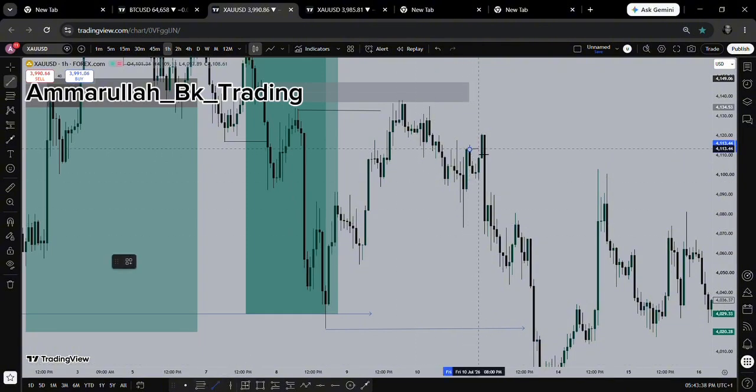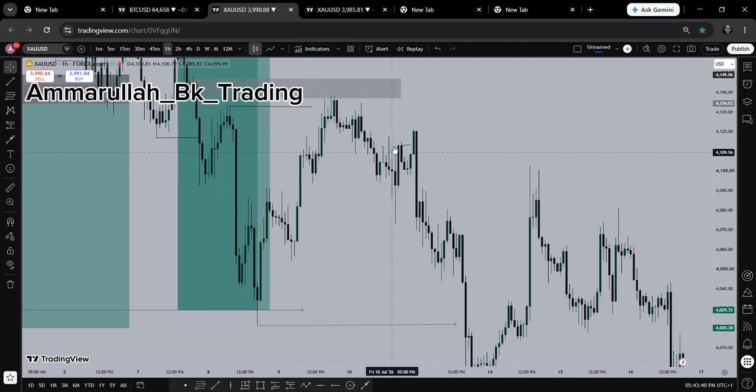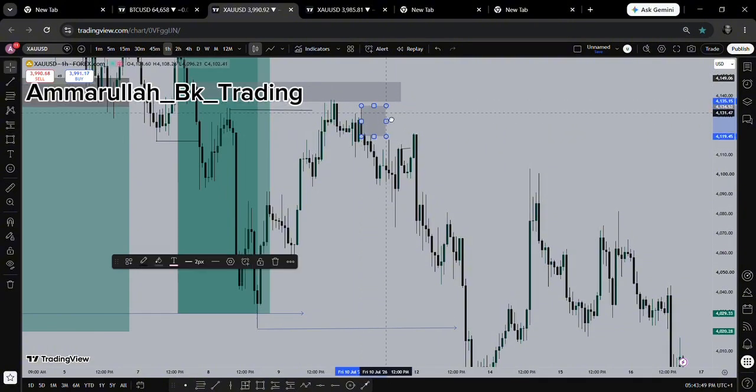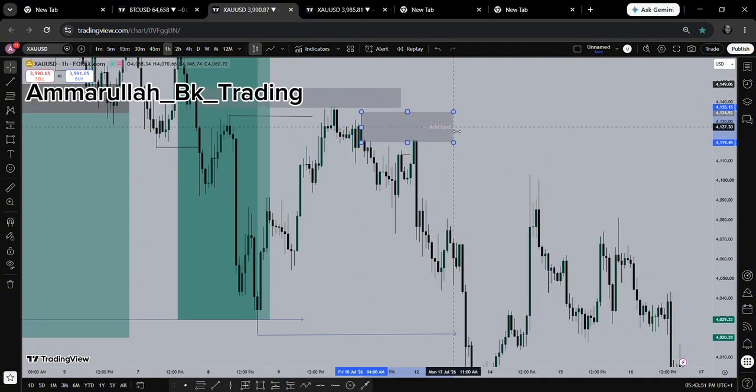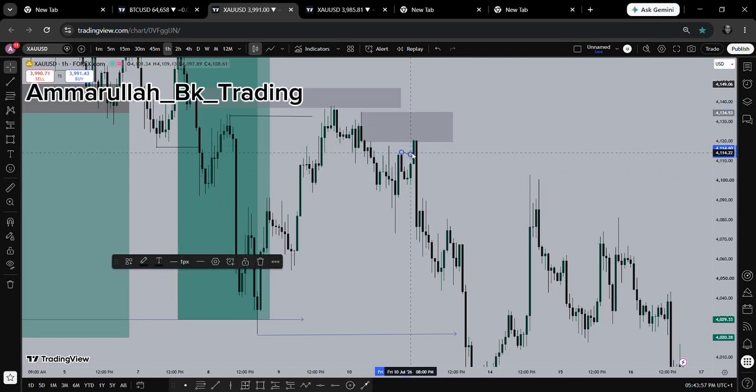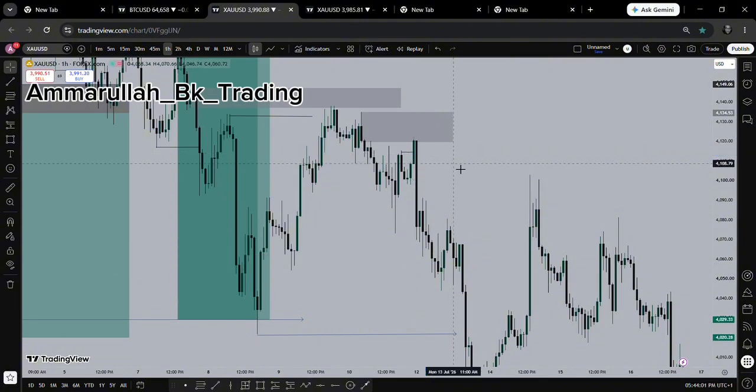After the inducement, it does the second retracement and taps on this last candle. When it tapped on this candle, it sold down, but I did not mark that entry, right? I did not mark it.